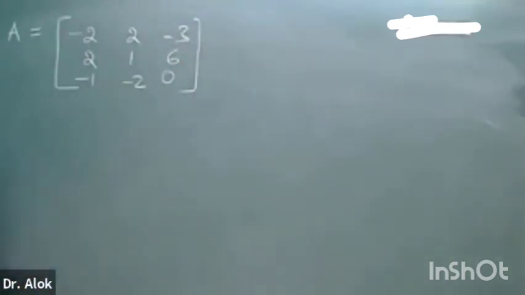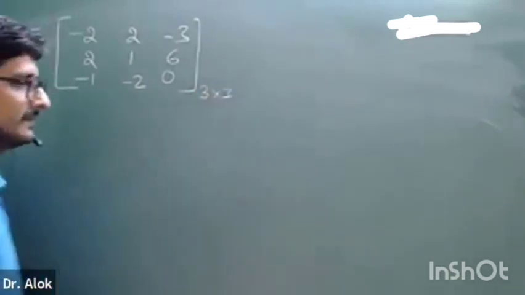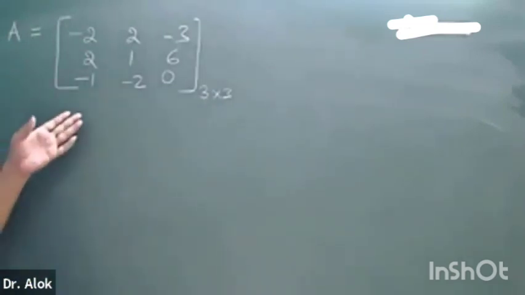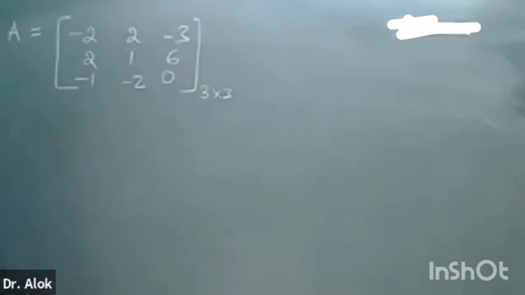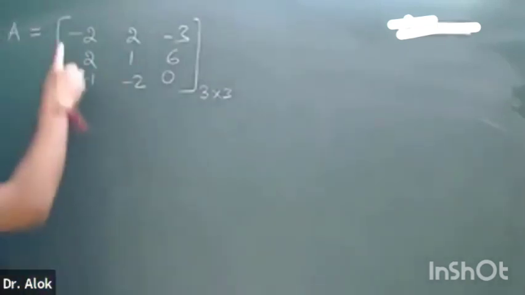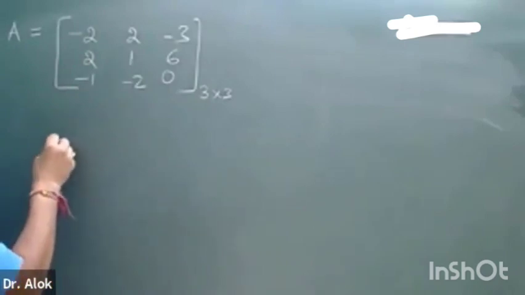Anybody can tell? Square, of course. Antisymmetric. A 3 into 3 square matrix. It is antisymmetric. For a skew symmetric matrix, all the diagonal elements are always 0. Let us see how that is possible.